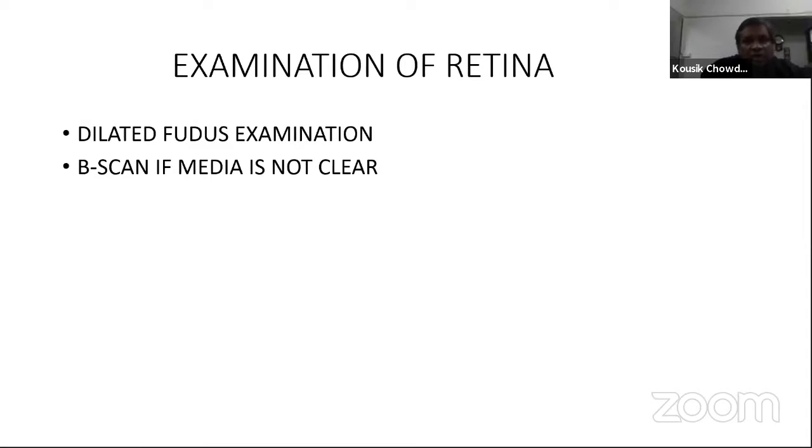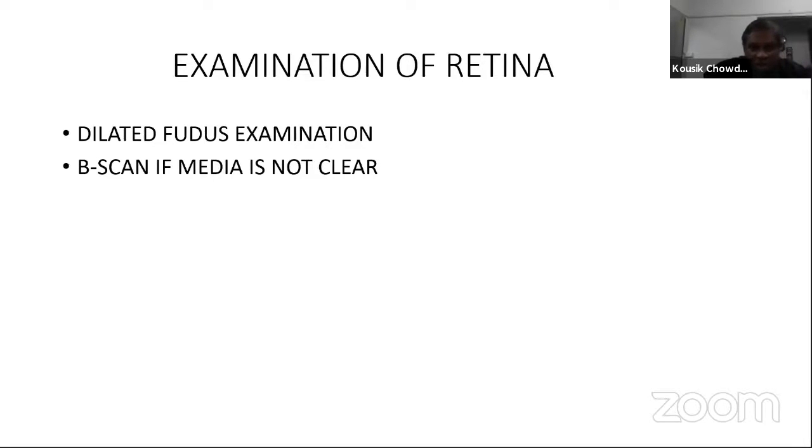So how can we examine the retina? We usually examine the retina by dilated fundus examination. Before examination of the retina, we usually put dilating drops. What is a dilating drop? Usually a mixture of pilocarpine and epinephrine, phenylephrine.